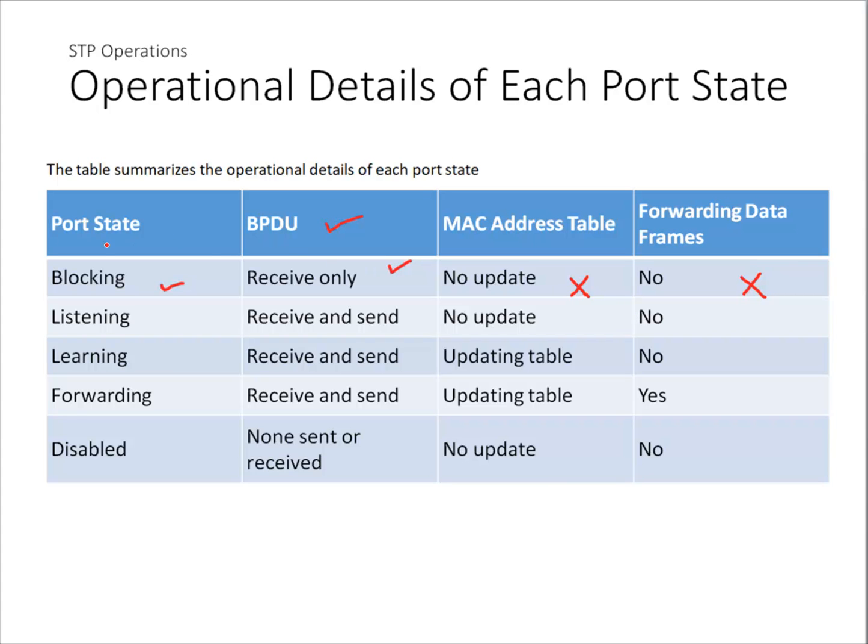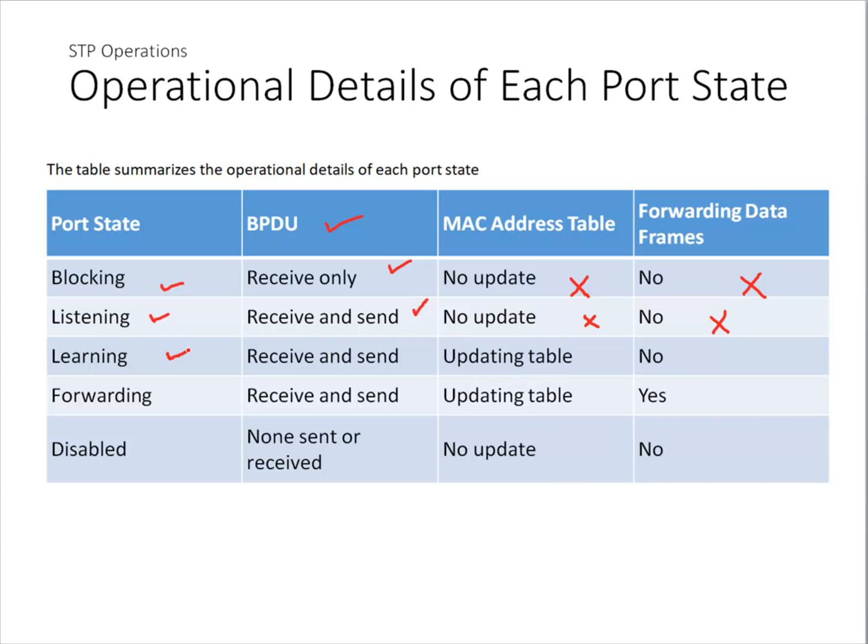The second one is the listening state. In the listening state, the port cannot forward any frames, but it can receive and send. Forwarding is entirely different from sending a frame. No updates in the MAC address table.